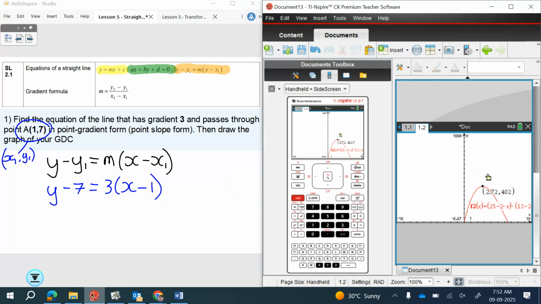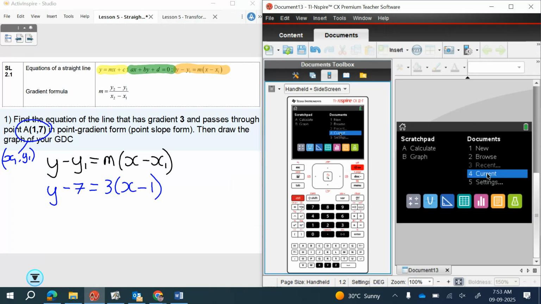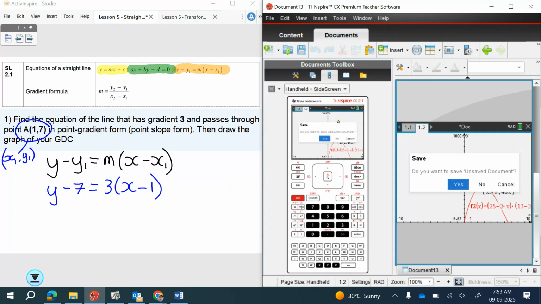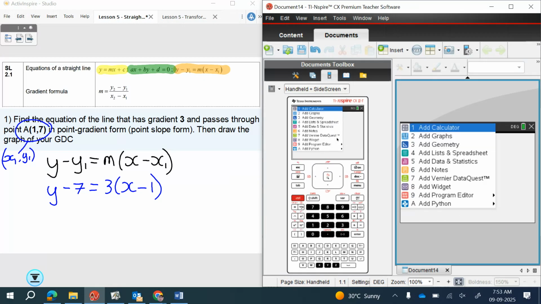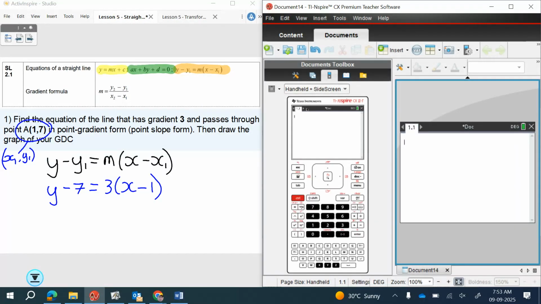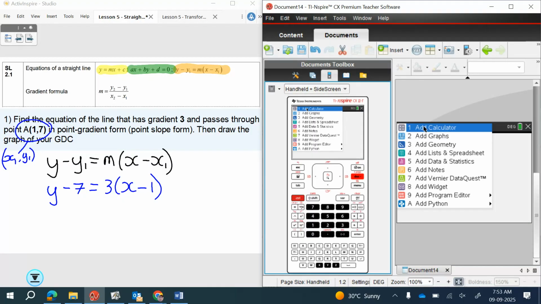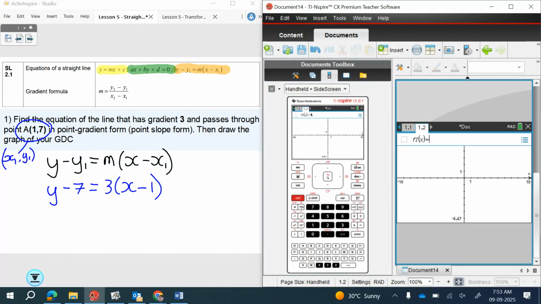Typically, when I start with the calculator, I like to start by pressing on, and then 1 for new, and then say no to the document, and always add a calculator page. Always when you start like this. In this question, we're asked to draw it on our graphing calculator. So we're going to press Control, add page. You can find them here and here. You see it on my screen where it lights up red. That's where I'm pressing. Add graph.